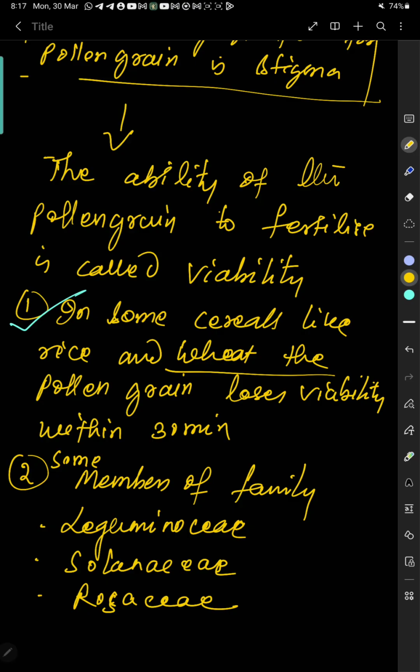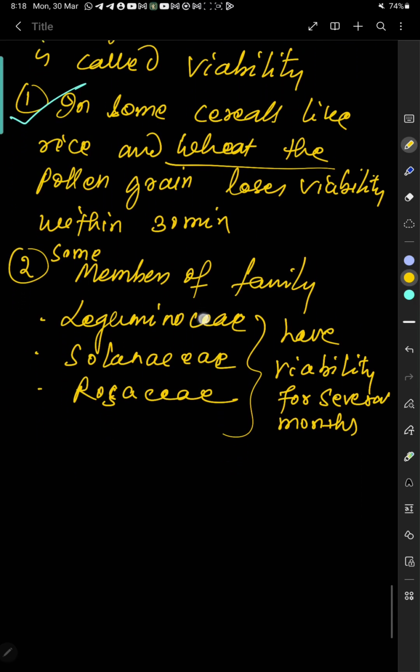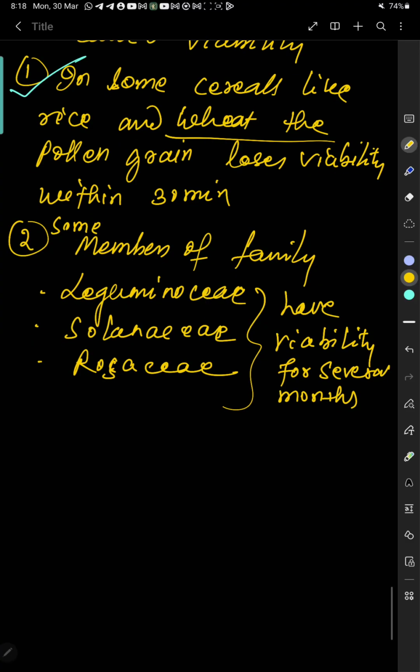Okay, so they have the viability for several months. ये months में होते हैं इसका viability. Okay, and this pollen grain can also be stored for future breeding program.